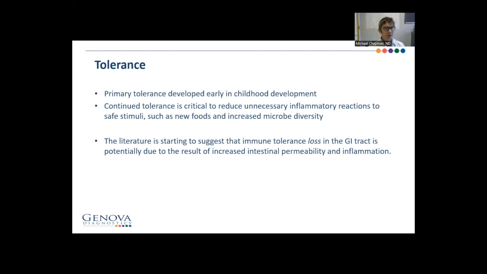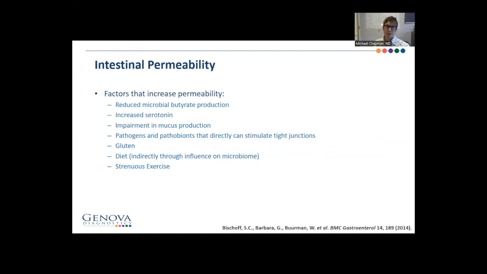So think about that. The more reactive our immune tract is in the GI system is basically in part due to problems with permeability or leaky gut and inflammatory processes. So let's just spend a minute on intestinal permeability, since it's so important in the immune function.